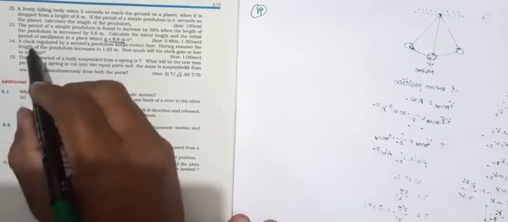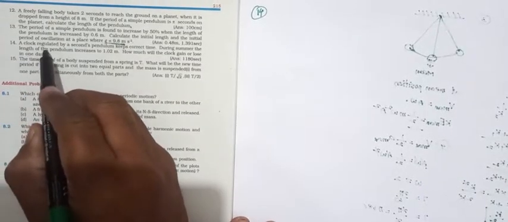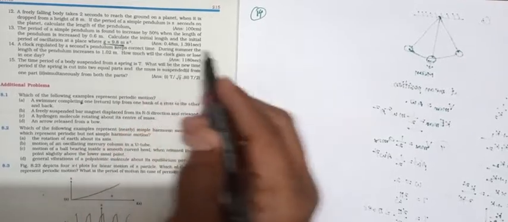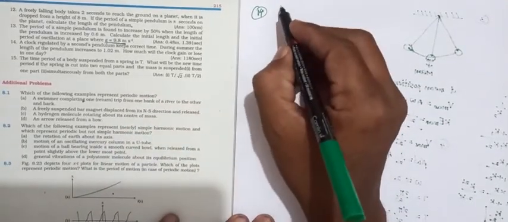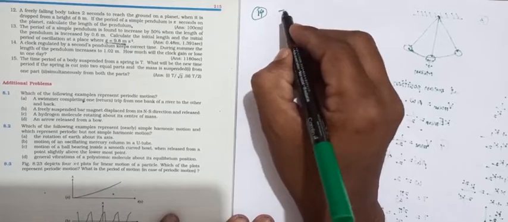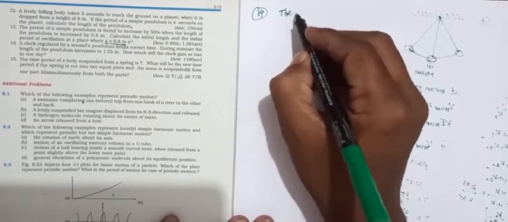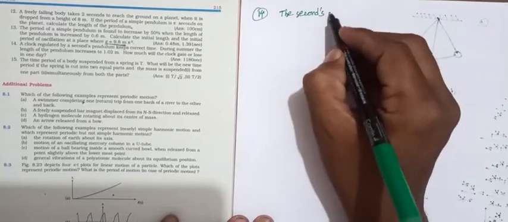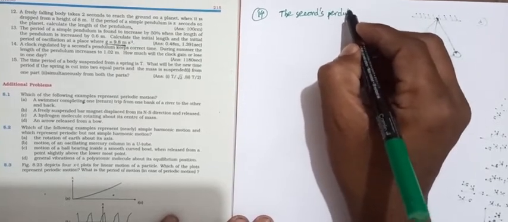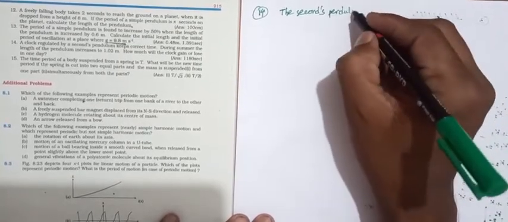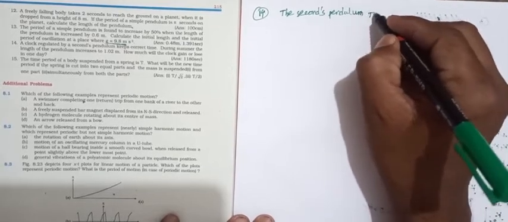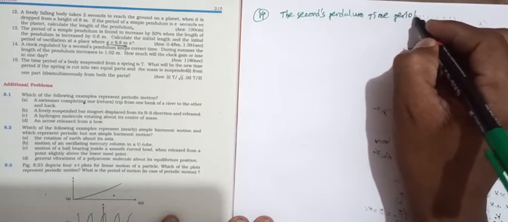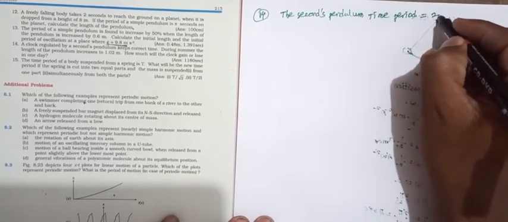Now the 14th question. A clock regulated by a seconds pendulum keeps correct time. So here the seconds pendulum time period equals 2 seconds.